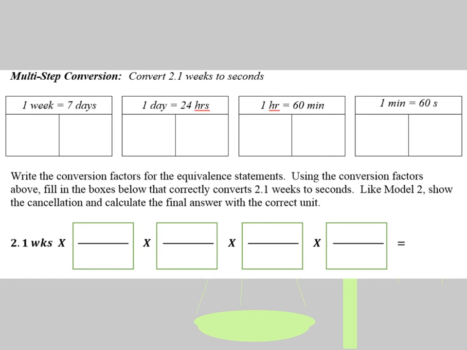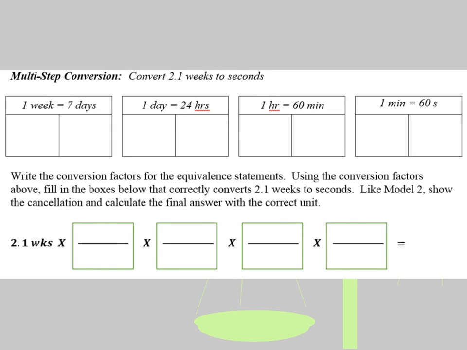Okay. So now here's a multi-step conversion. Now you have to convert 2.1 weeks to seconds. I have written out the four equivalent statements that are needed for this problem. It's up to you to write the conversion factors for each, and then write in the correct conversion factor in each one of these, and write your final answer in the space to the right.